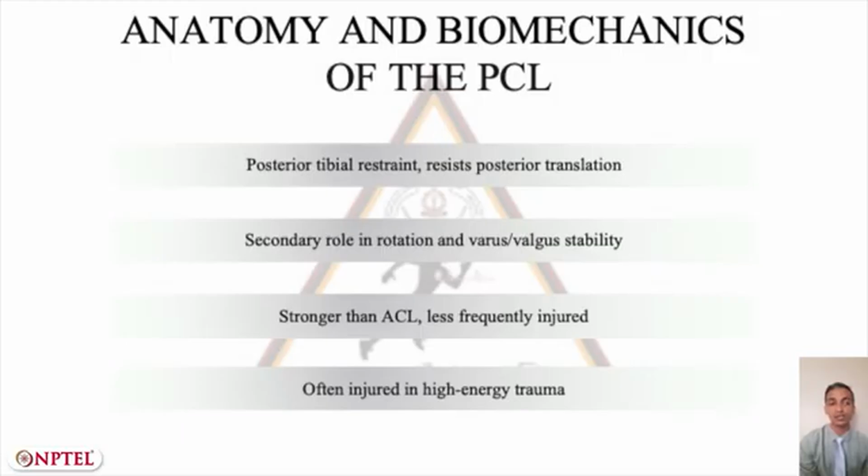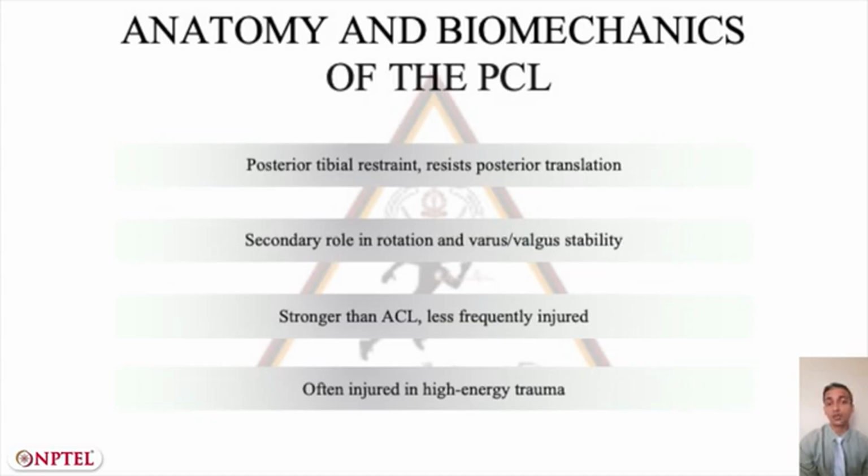It also assists in controlling knee rotation and contributes to overall knee stability. The PCL is stronger than the ACL and is less frequently injured. But when it's injured, it significantly alters the knee biomechanics and the load distribution across the knee.